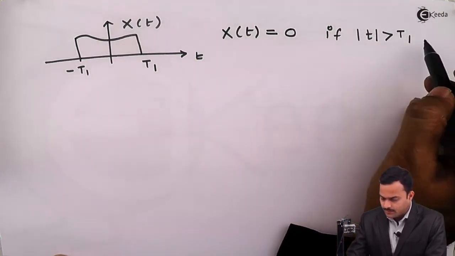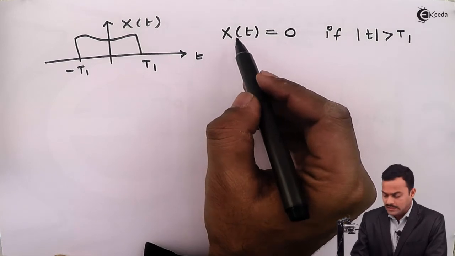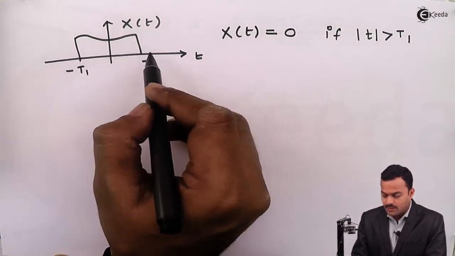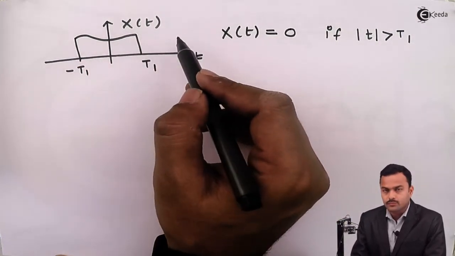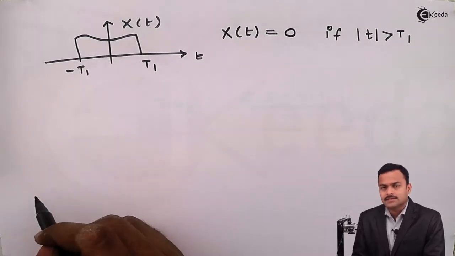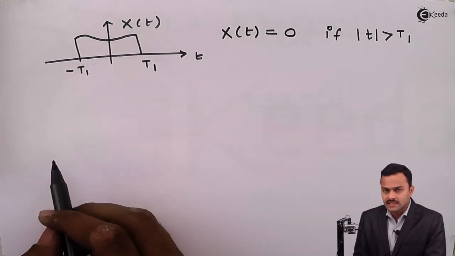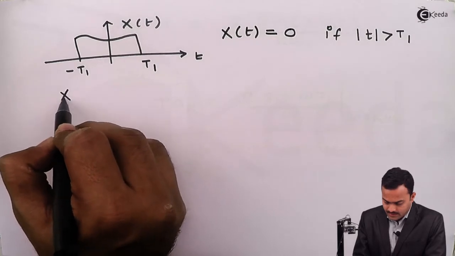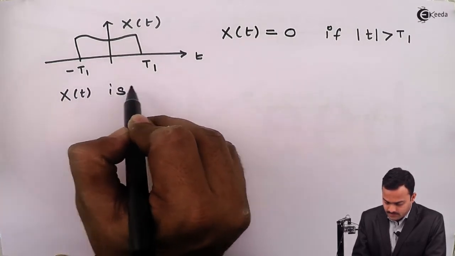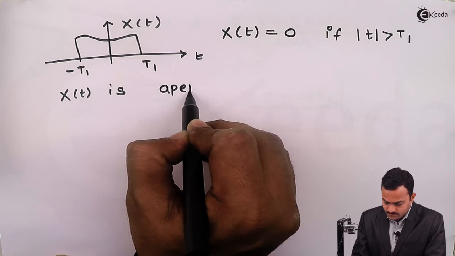For the remaining part there will be some value present. Definitely it is not a periodic signal. So I can consider x of t as aperiodic.